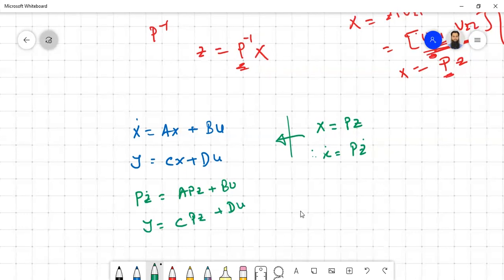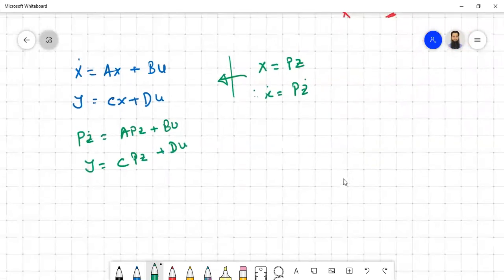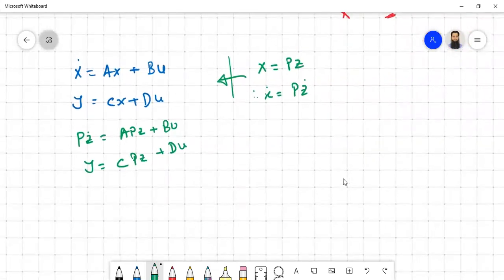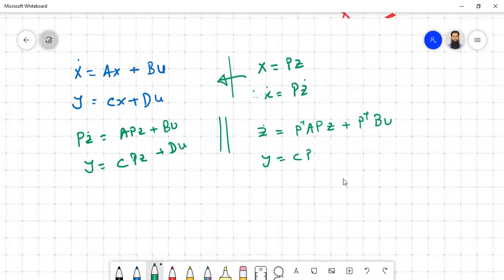Okay, now if you want to represent the system in the z domain, it has to be z dot equals P inverse A P z plus P inverse B u, and y equals C P z plus Du.